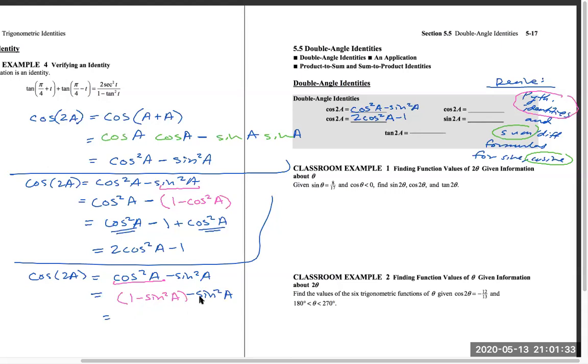Then be careful here, you don't have a distribution because you can essentially just drop the first parentheses, keep the subtraction. Like terms, so we have 1 minus 2 sine squared a. And those are the 3 double angle identities for cosine.